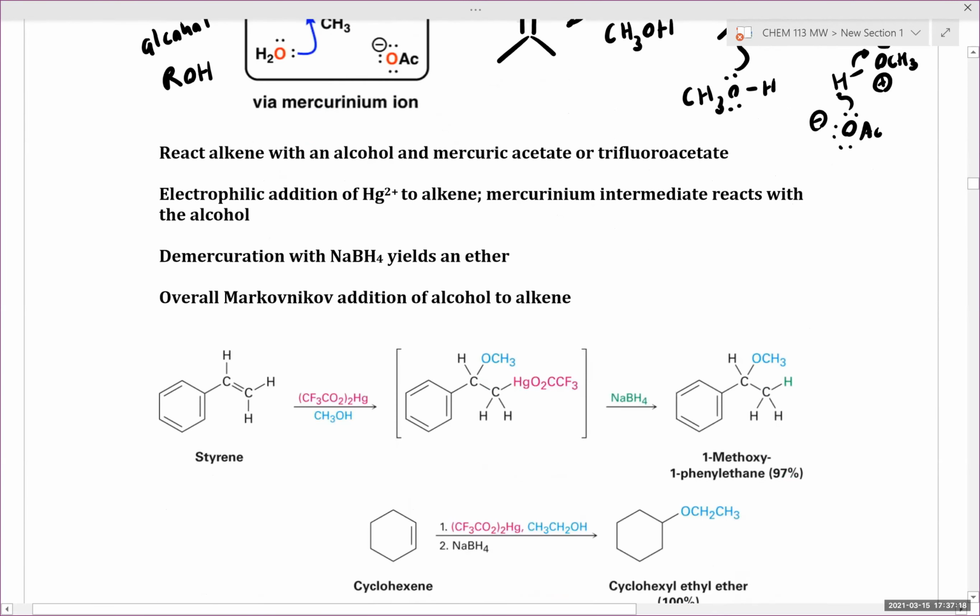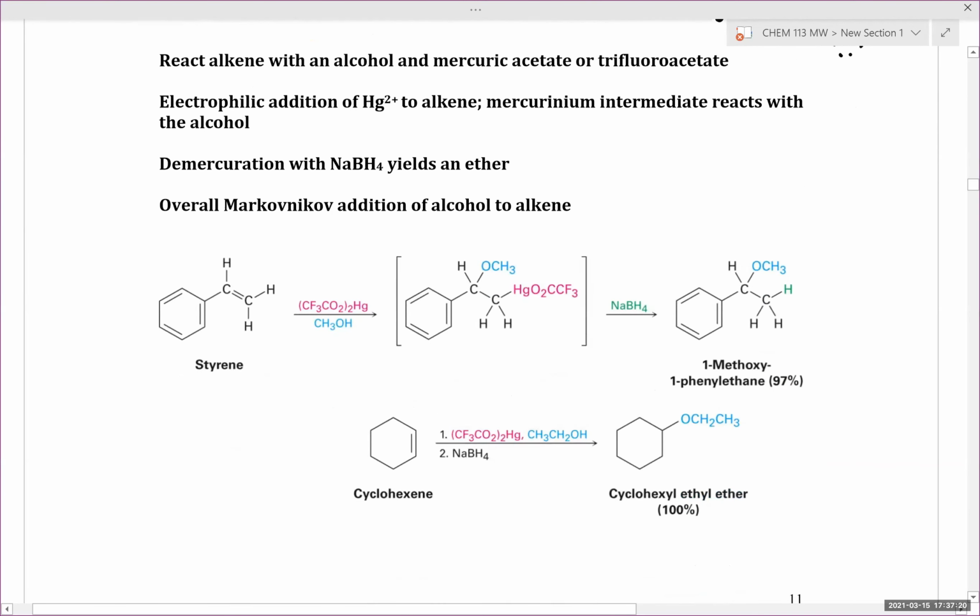To show another example, one common modified reagent that's used for these alkoxymercuration reactions is mercury trifluoroacetate. Now, one benefit of mercury trifluoroacetate is it's a much more reactive mercury-based electrophile.